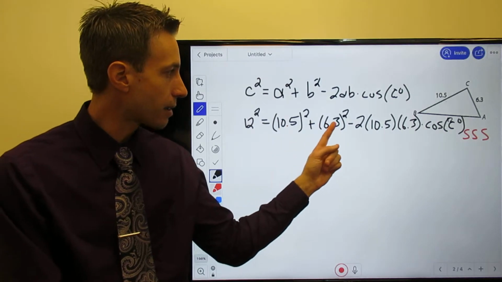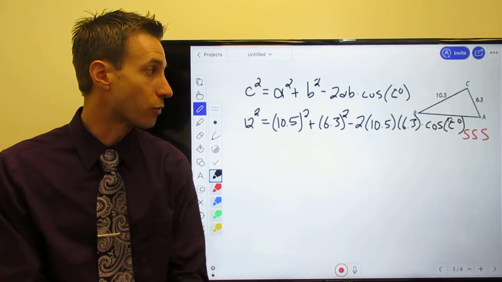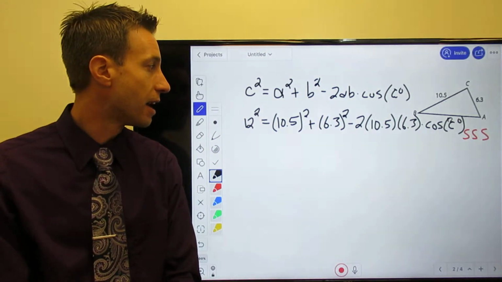I know that, I know that, I know that. I don't know the measure of angle C. So that's what we're solving for. We're trying to find the measure of angle C.